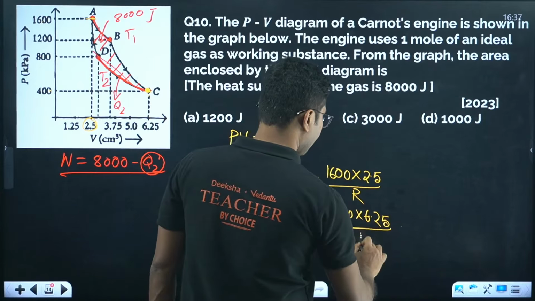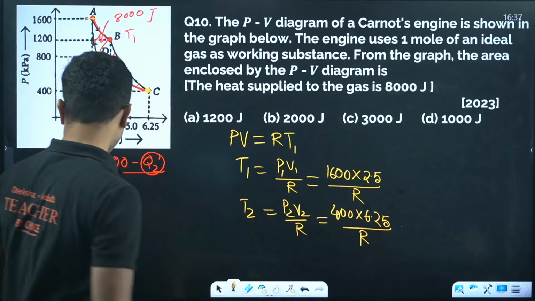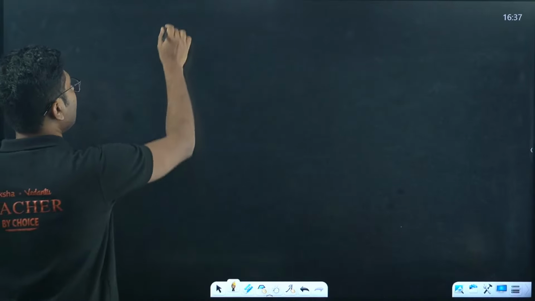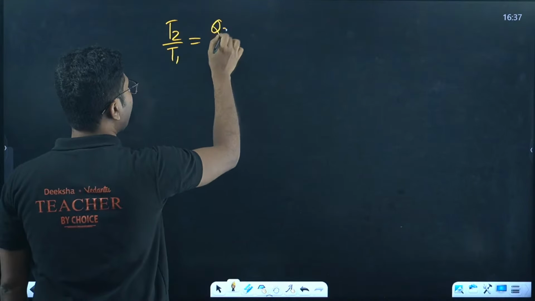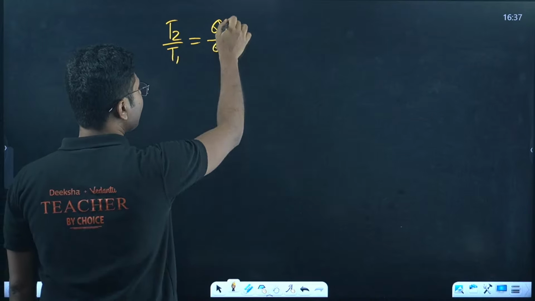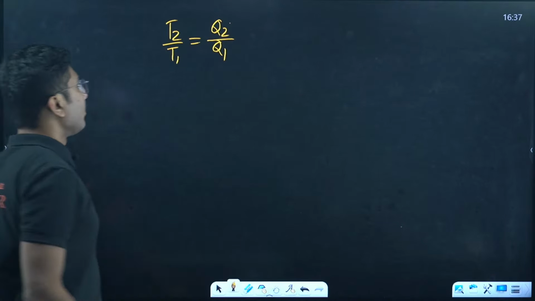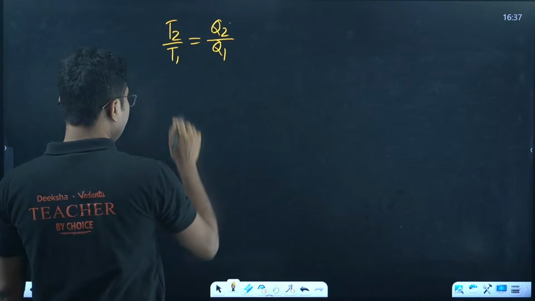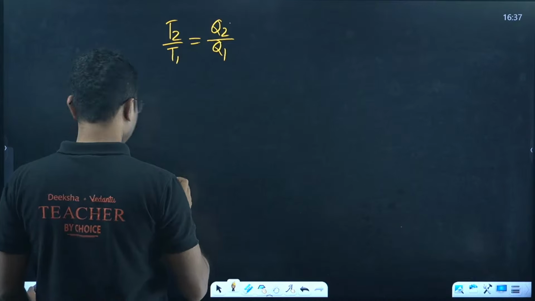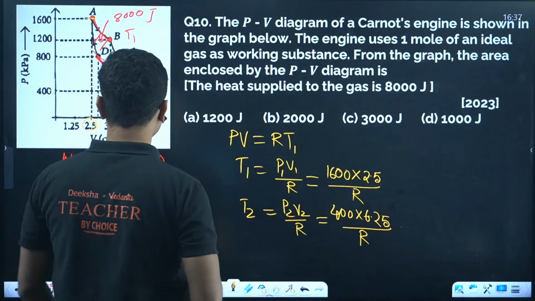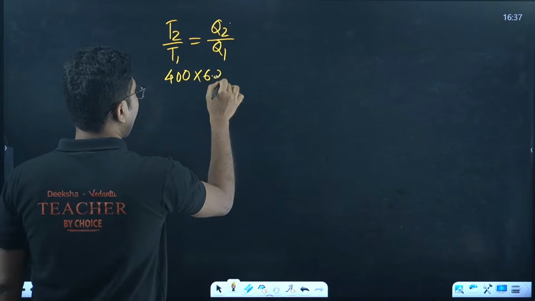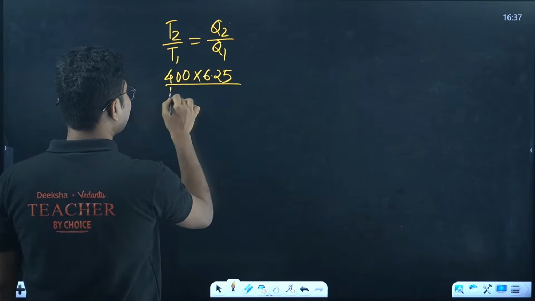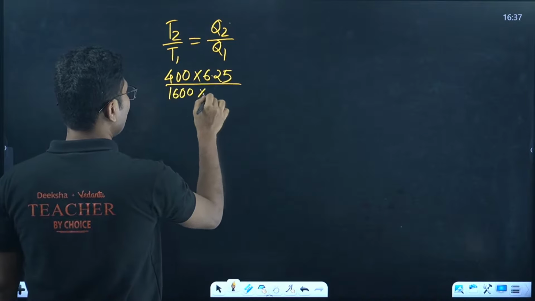Okay, by R. Now obviously I told you one more formula to use, that is T2 by T1 equals Q2 by Q1. Q1 is given, so you can calculate Q2. Okay, so T2 is what? T2 is 400 into 6.25 and T1 is 1600 into 2.5.